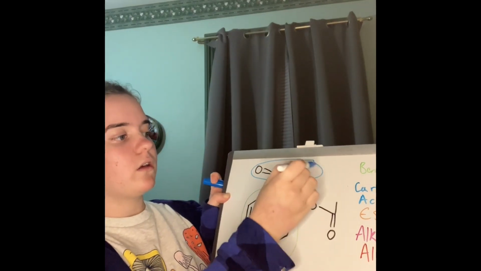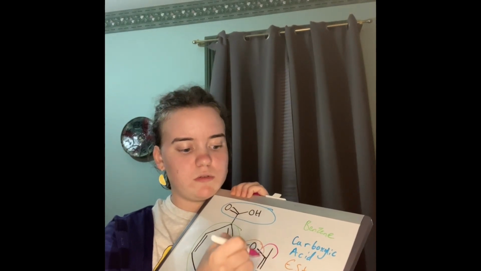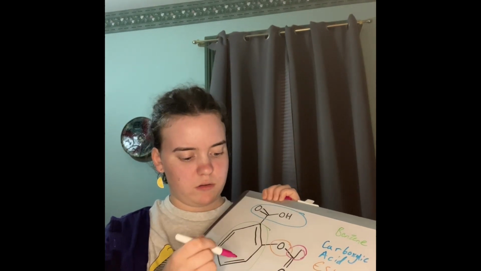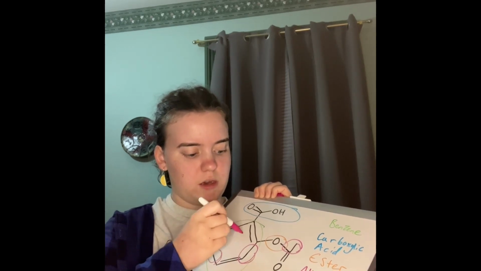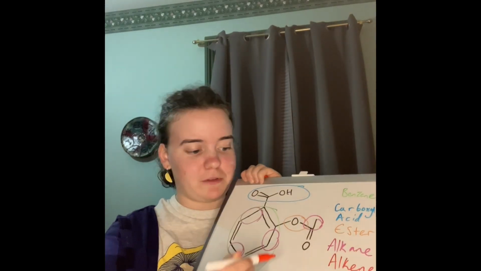Benzene, and this time we have a carboxylic acid over here, and we also have an ester, this time 1 of them, and our alkane, which we have 1 there, here, here, here, and there's more throughout, but I didn't circle all of them.